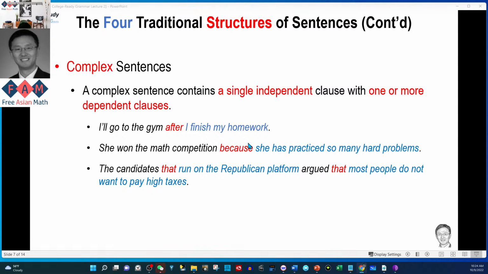But from this point on, you just need to understand the overall picture, the concept. So what is an adverb? What is a coordinate conjunction? Those things are less important to you at this point. You don't have to worry too much about them, but just understand that in this sentence, there's one main clause, one independent clause, that is, "I will go to the gym." And it has a dependent clause, "I finish my homework," that is attached to the main clause via this conjunction "after."